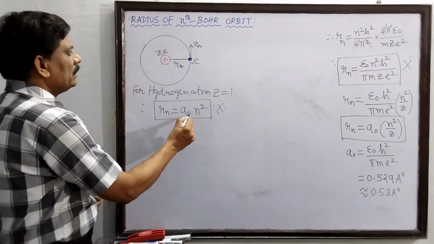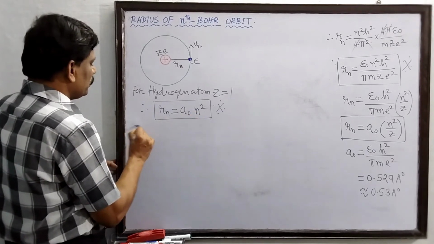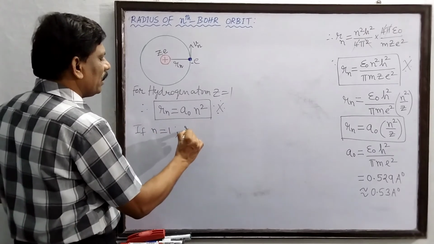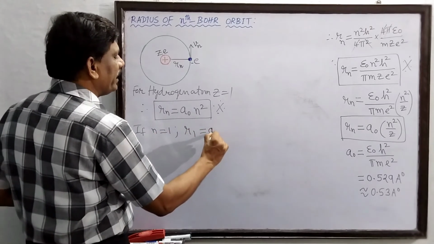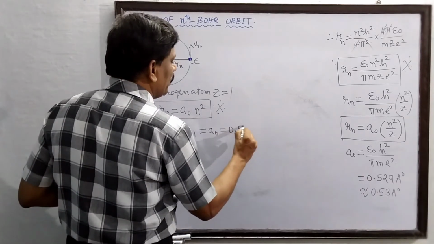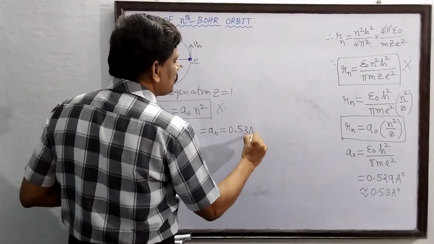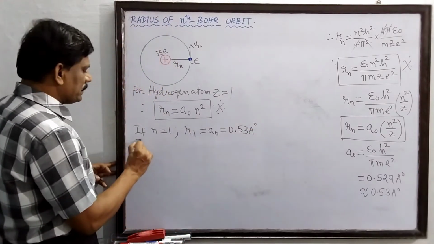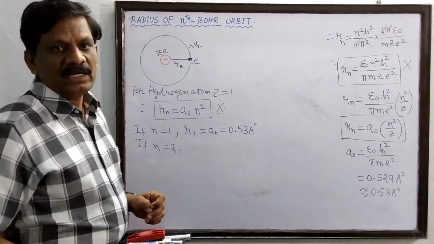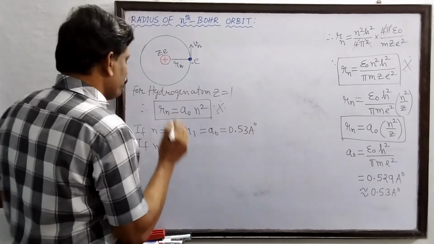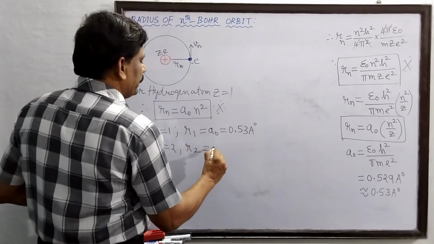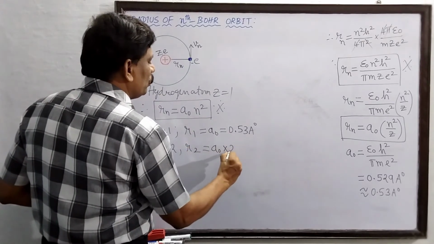If n is equal to 1, then R1 is equal to a naught, and that is equal to 0.53 angstrom unit. Suppose you take n is equal to 2, the second orbit, then R2 is equal to a naught into 2 square.